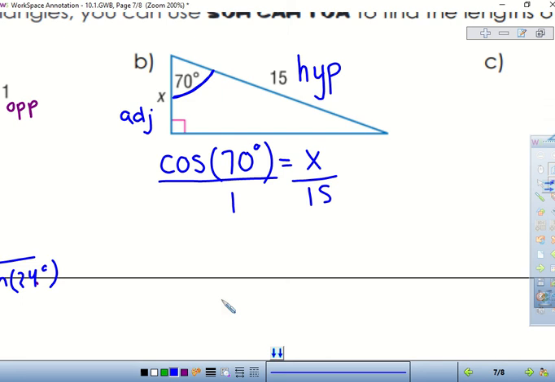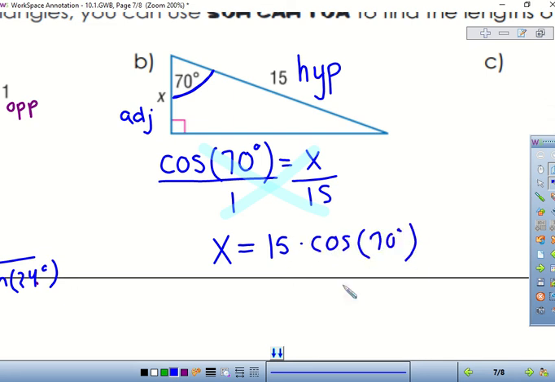We put our trig function over 1, and we cross multiply. We get x equals 15 times cosine of 70 degrees. X equals, so 70 cosine times 15. You should get about 5.13.